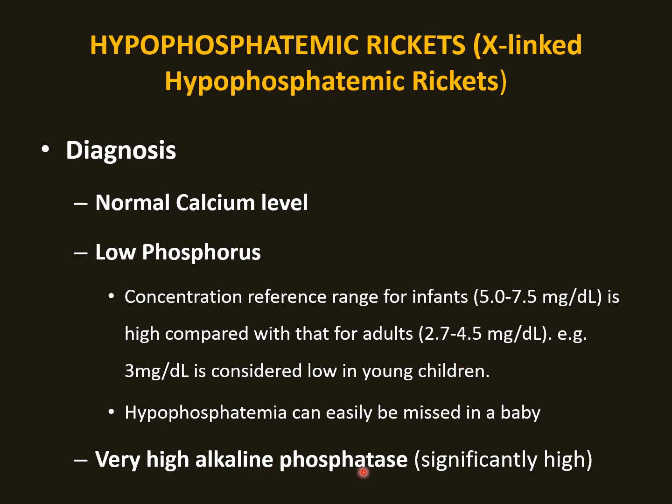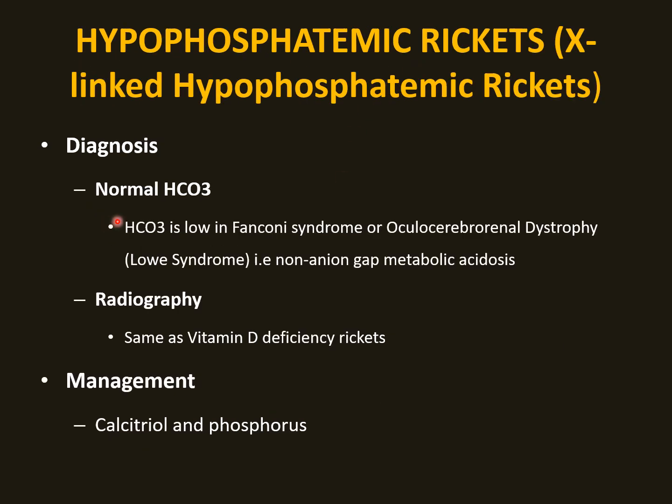Very high alkaline phosphatase is expected to be seen in hypophosphatemic rickets. It will be in thousands, like 2,000, 3,000 in hypophosphatemic rickets if you compare it to nutritional vitamin D deficiency, which will be elevated but not in thousands as hypophosphatemic rickets. In cases of X-linked hypophosphatemic rickets, the bicarb will be normal.